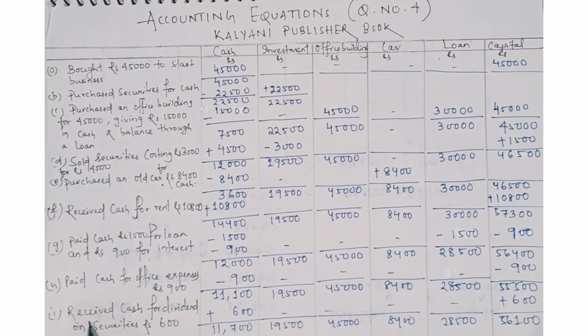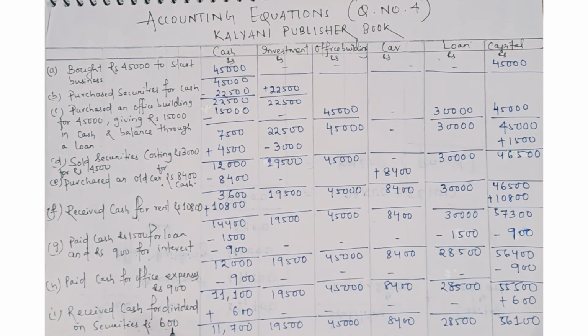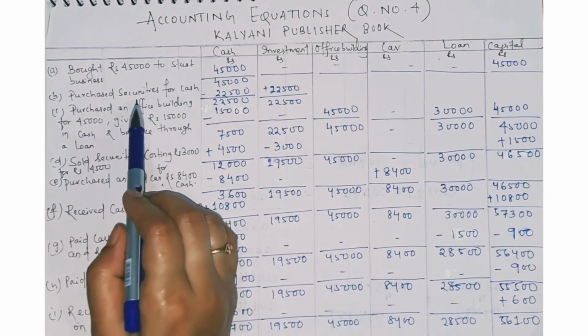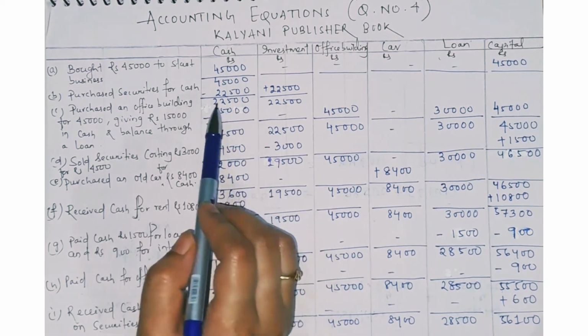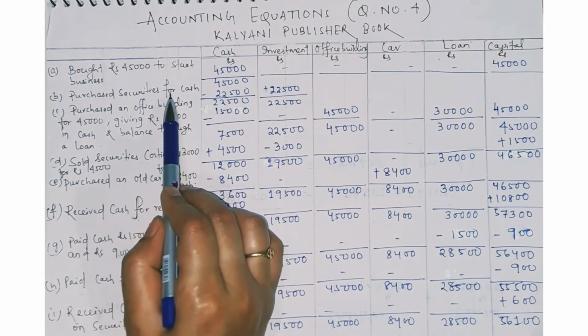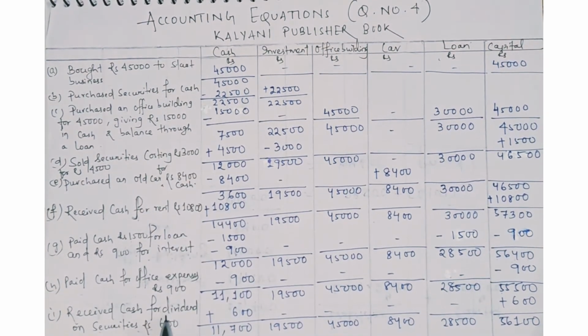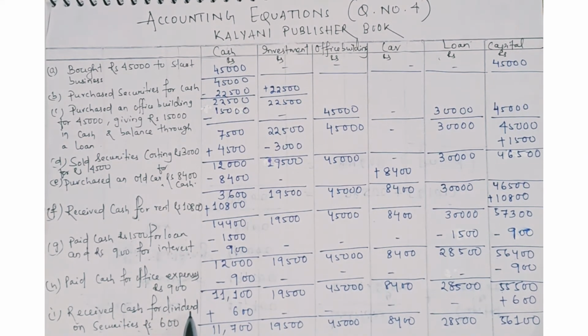Okay. Now received cash for dividend on securities rupees 600. In the previous transaction, we have seen that we have purchased securities for cash of rupees 22,500. Now from this investment we got income in the form of dividend. Now dividend being an income will make an addition to the cash and capital.